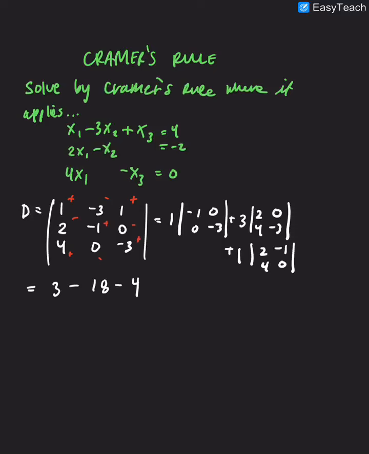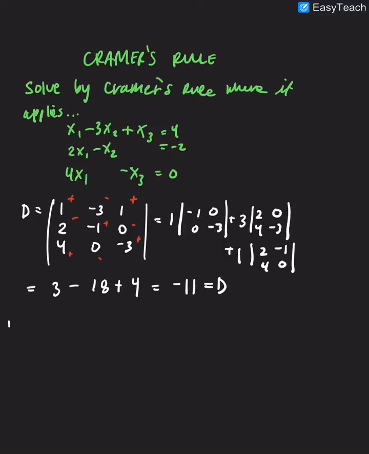Oh, this is actually a plus, since that's minus 4, and then that's a minus. Okay, yeah, there you go. And then we get -11 is equal to this capital D.